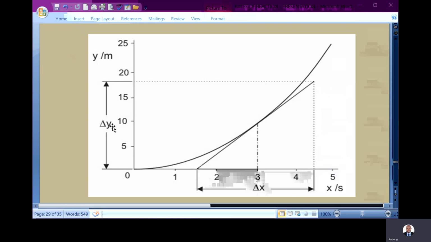If we say a change in y, the concentration, divided by a change in x, which is the time, it will be 18 divided by 3, which will definitely be 6. It could be 6 grams per second, or 6 cm cubed per second, depending on what we are measuring.